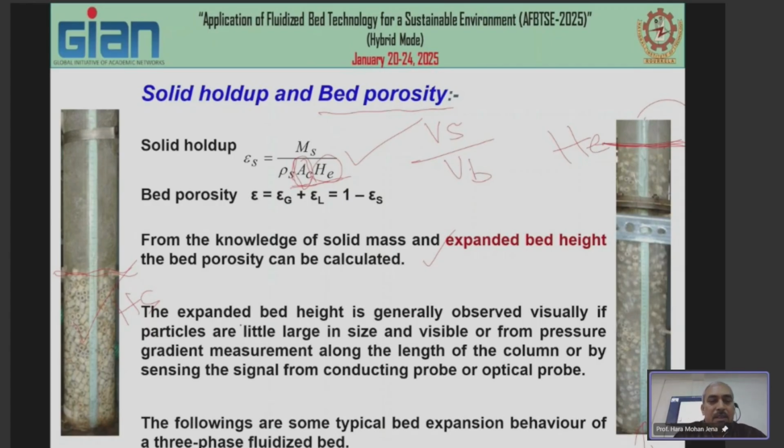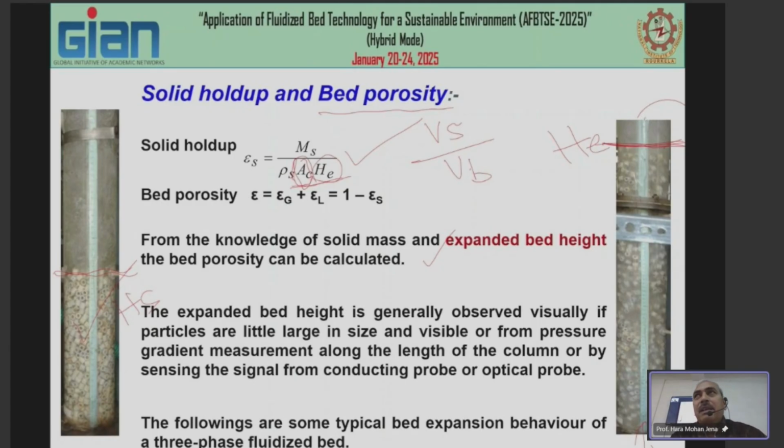The expanded bed height is generally observed visually if the particles are a little large in size. That means visually you can see the particles inside the bed, if the vessel is a transparent one, or from pressure gradient measurement along the length of the column, or by sensing the signal from a conducting probe or optical probe.